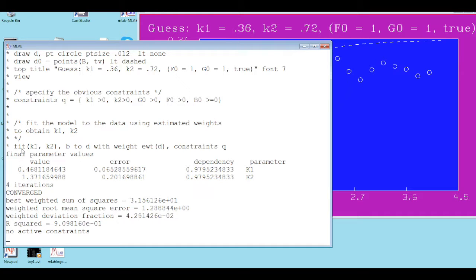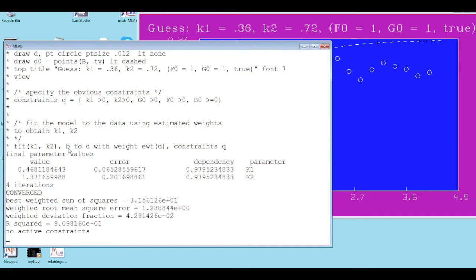What we gave MLAB is the command fit to find K1 and K2. So we say parenthesis K1, K2 means that's what is to be computed, so that the function b, notice here's a lowercase b, doesn't matter, is fit to the data matrix D. That's the data points.